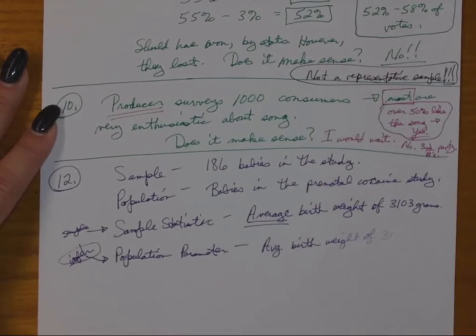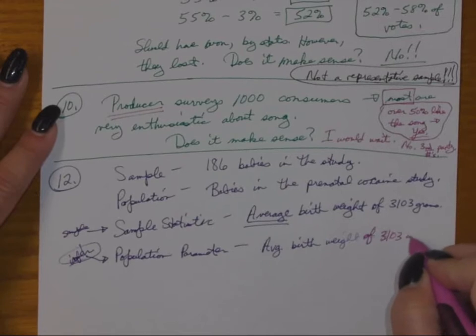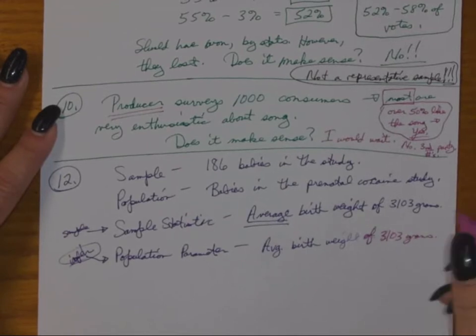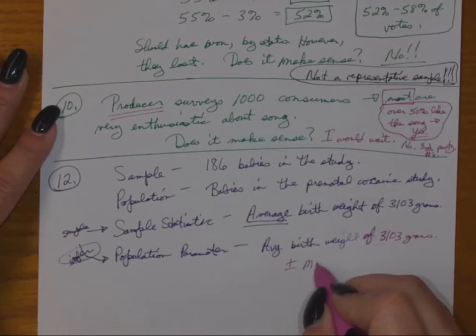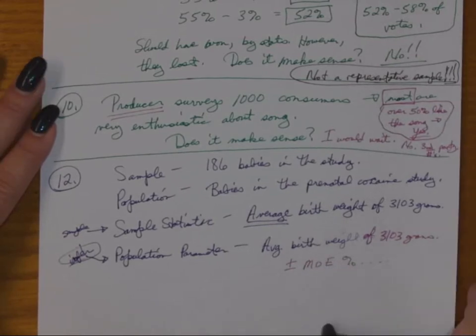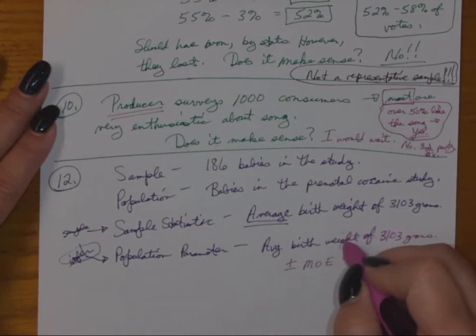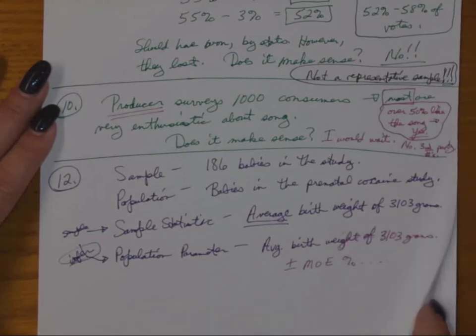Average birth weight of 3,103 grams. Same thing as the sample statistic. But normally we would say plus or minus the margin of error, right? Okay, that's what we would try to have. But just sometimes we don't get all the information we need in order to be able to do that.